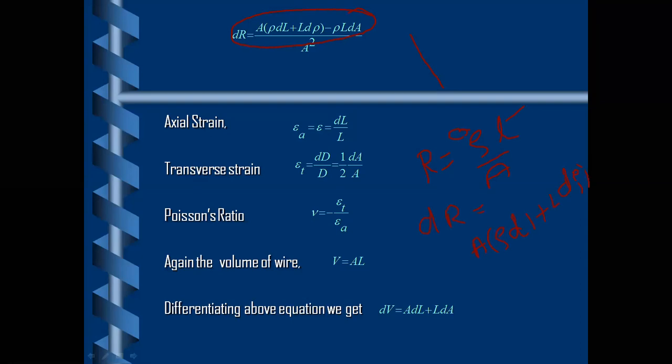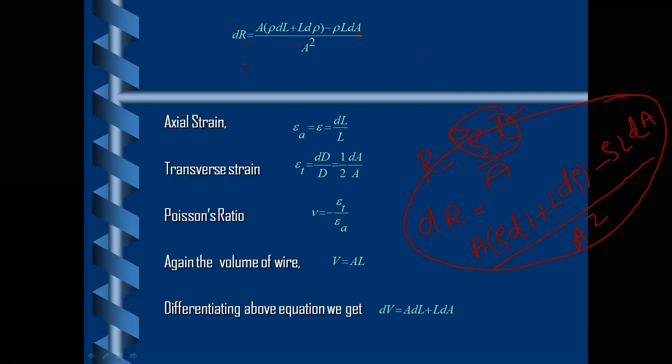Then, as this is the lower part, it is subtracted, then rho and dL, this particular part is constant. What is differentiated? A is differentiated, divided by A square. As per the differentiation principle, this is the resultant output which we have derived.